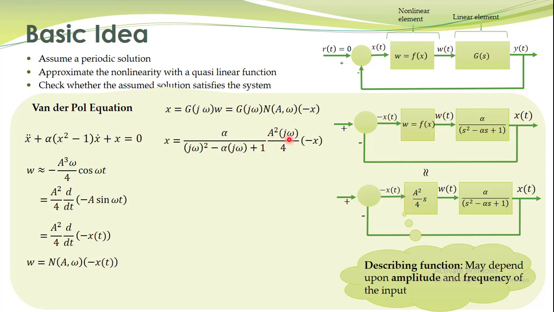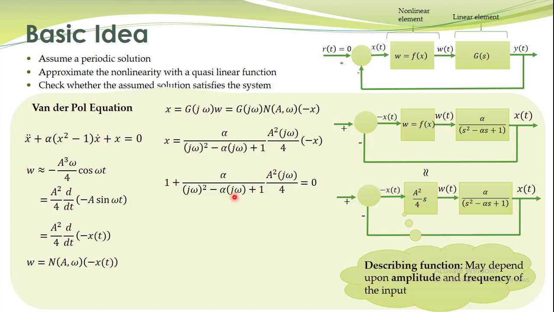So a squared by 4 multiplied by j omega multiplied by minus x. And then if we bring all these terms to the left hand side and take x to be common, then this is the equation. Can you solve this equation for different a and omega?